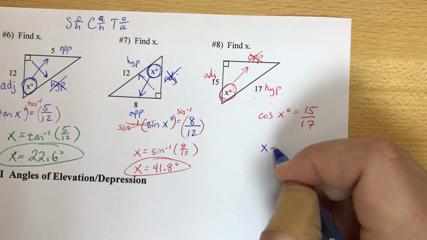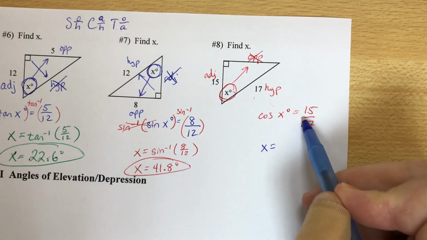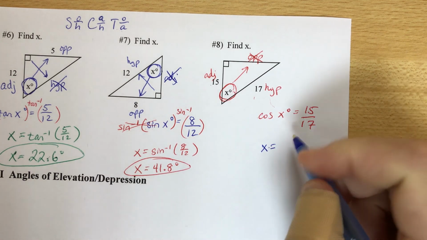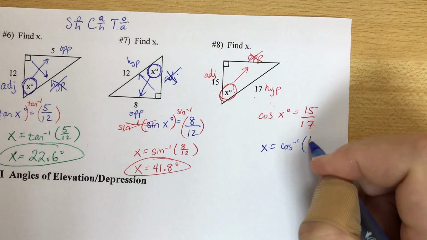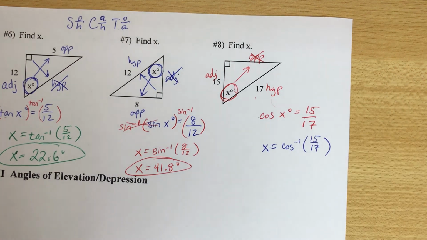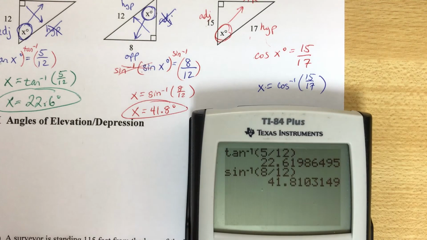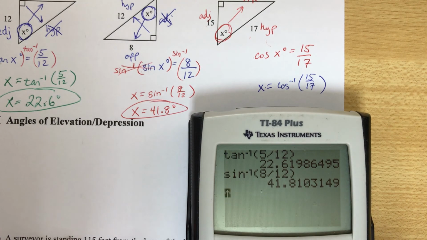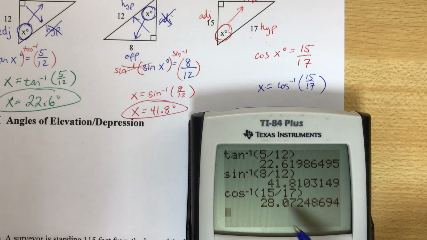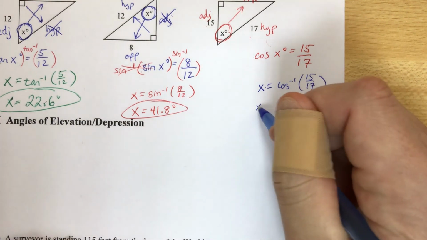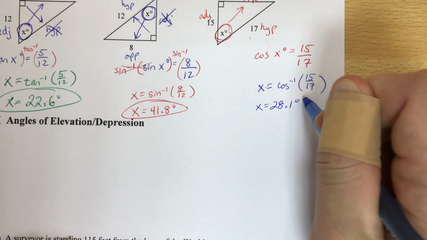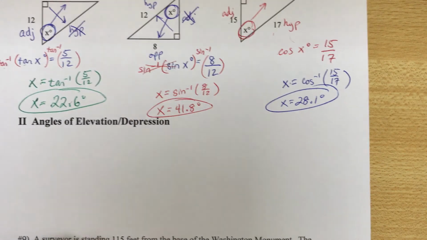Well, I know I'm going to take the inverse cosine of both sides, which is going to leave me with x. This will be the inverse cosine 15/17. Now I go to the calculator. And we get 28 point. Now that says 0, but the next digit is a 7, so I'm going to round that up to a 1. So 28.1 degrees. And that is the end of part 3.